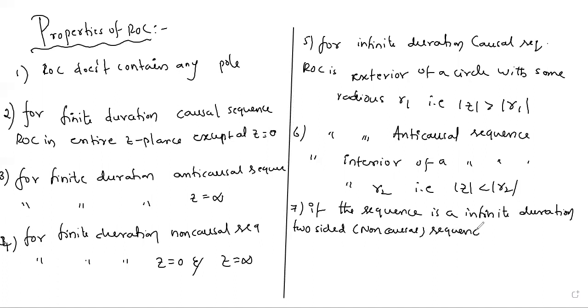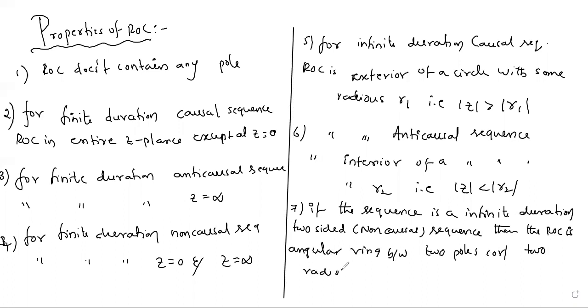Two-sided sequence, then the ROC is an annular ring between two poles or two radius values. Okay, how do we represent it? Mod R1 less than mod Z less than mod R2, depending on causal signal pole or anti-causal signal pole, like that.